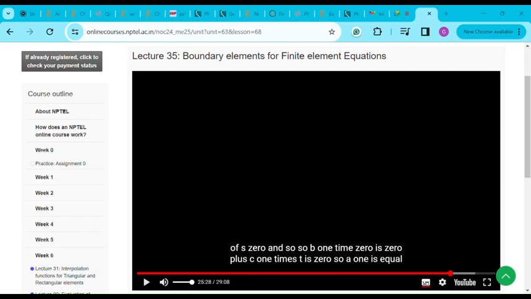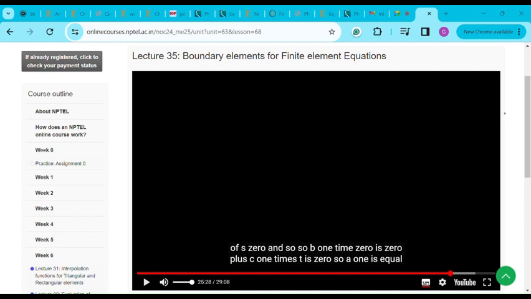So let's look at one term, K11. These are all in the XY coordinate system.